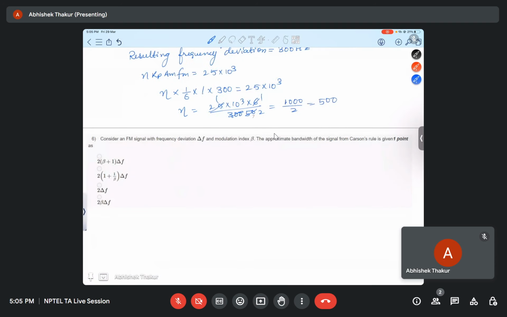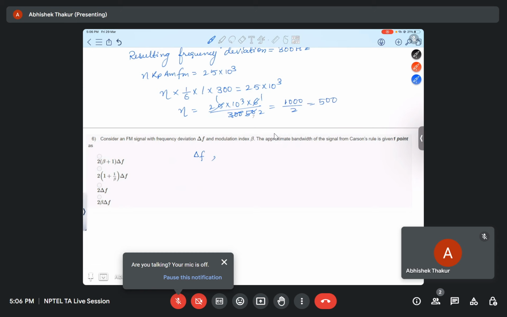Now moving on to the next question. Consider an FM signal with frequency deviation delta f and modulation index beta.